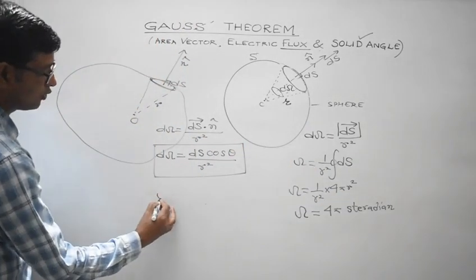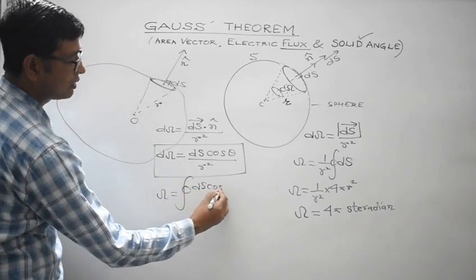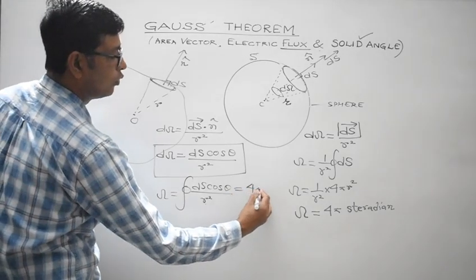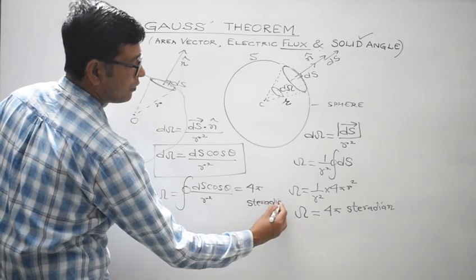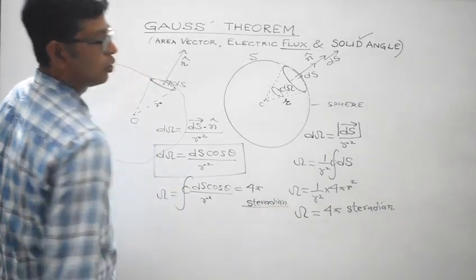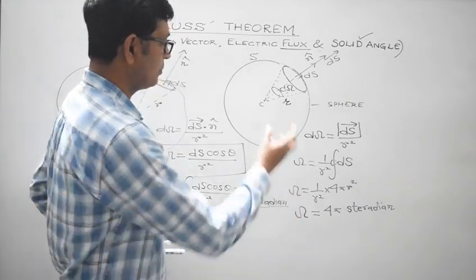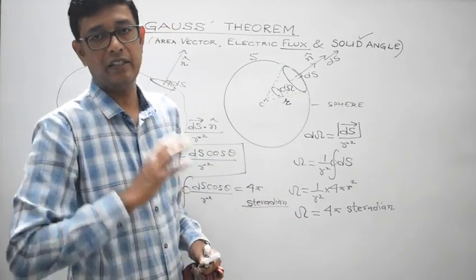So here also if we integrate, we can easily mathematically justify this fact: the integral of ds cos theta divided by r squared is equal to 4 pi steradian. So this is a very important result. I repeat, the total solid angle subtended at a point inside a closed surface is 4 pi steradian.